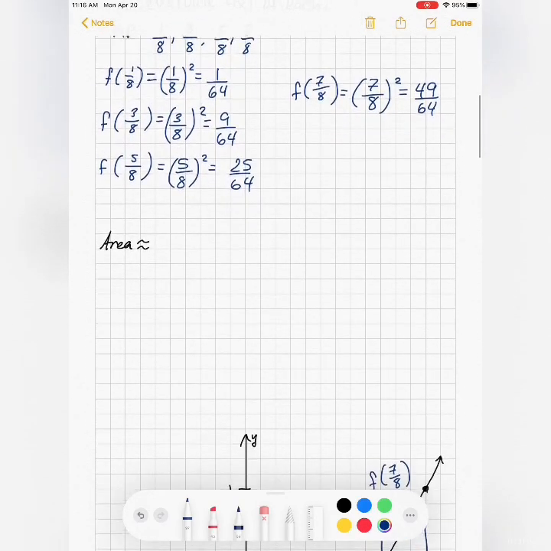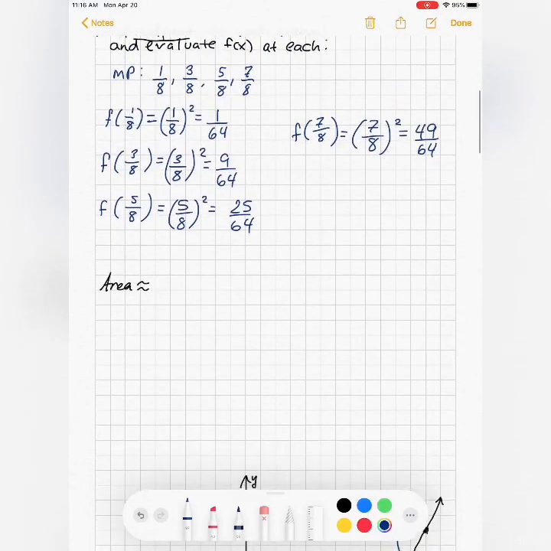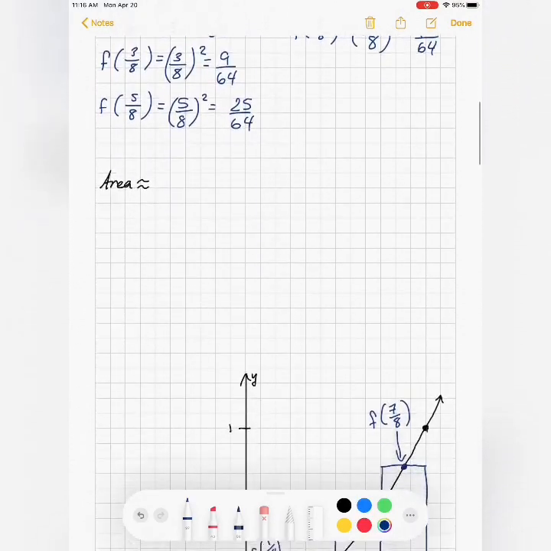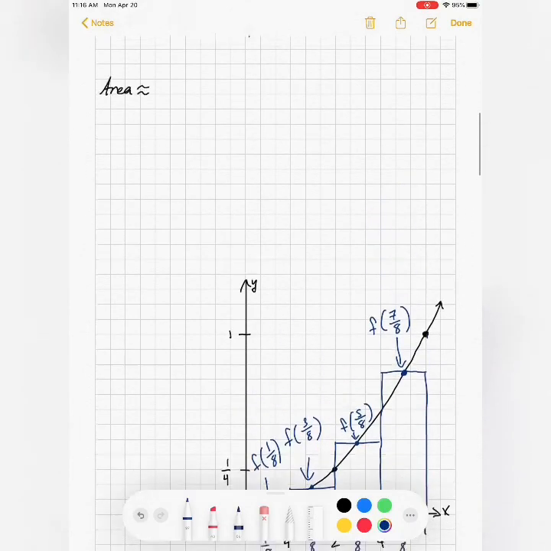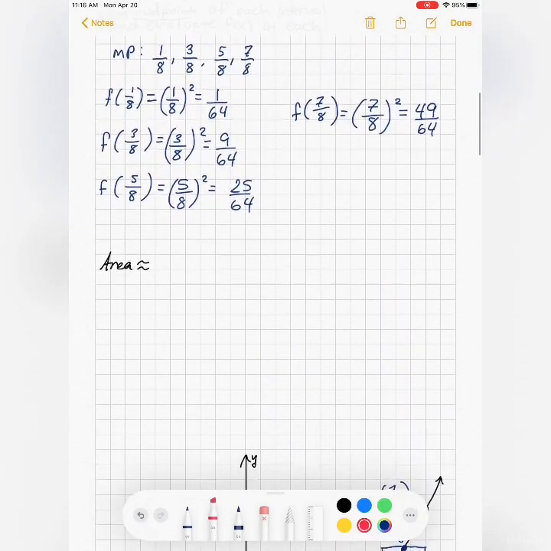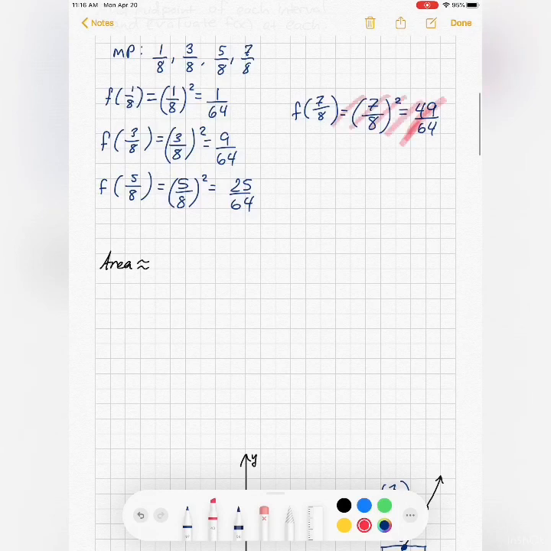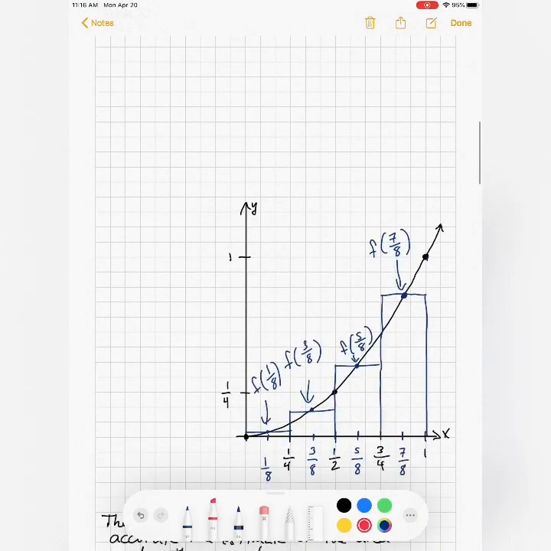Okay, so now I get to attempt to estimate the area. So let's see, f of 7/8. That's this guy. That's that 49/64. Okay, so what we're saying is, look, this base is 1/4, right?